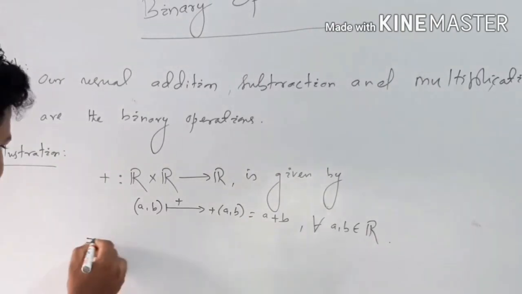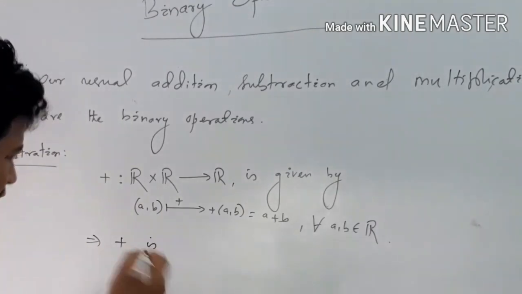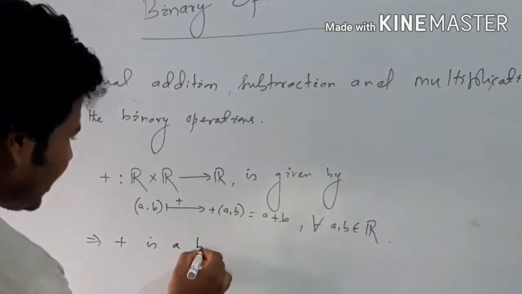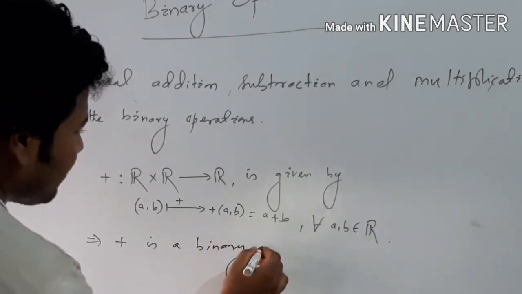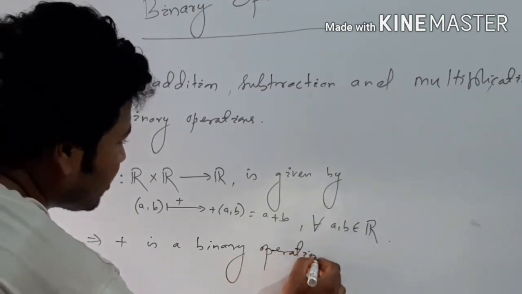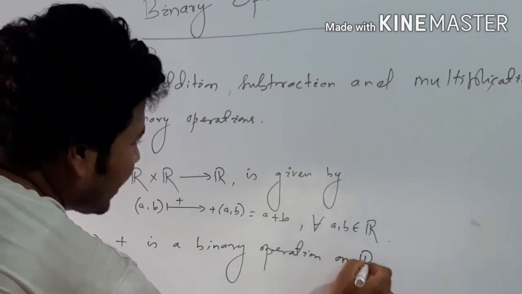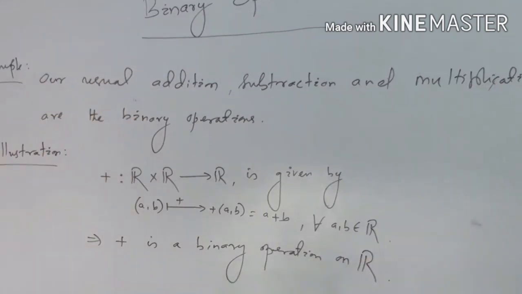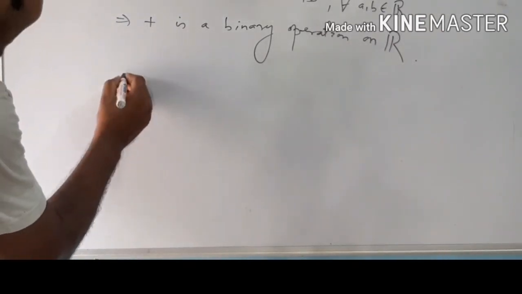This implies plus or addition is a binary operation on R. Similarly, we will prove that subtraction is also a binary operation on R. So this can be defined like this.